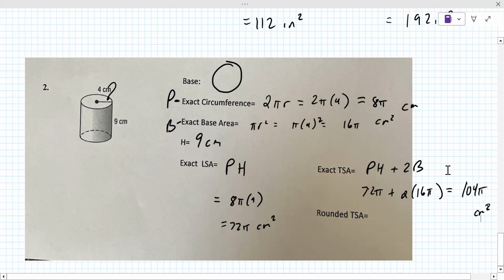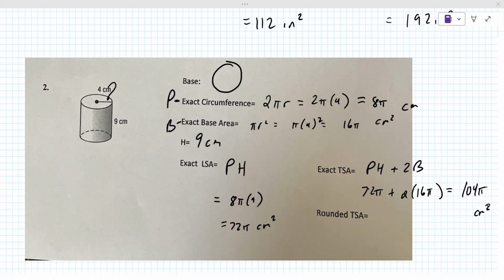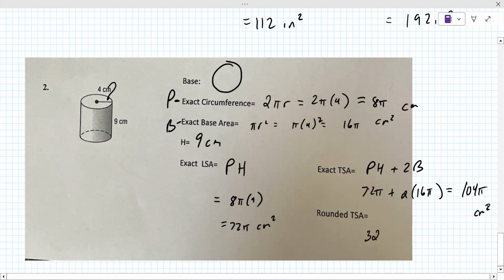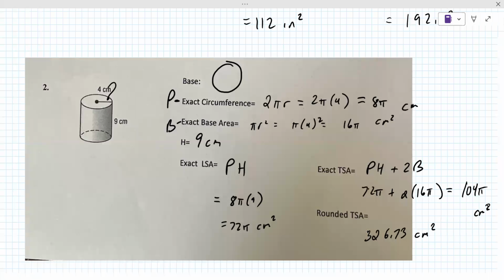You add them together. Looks like it's 104 pi. And then the last little piece there is to go to your calculator and estimate. Cool.